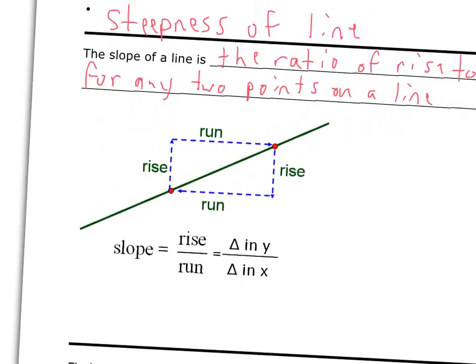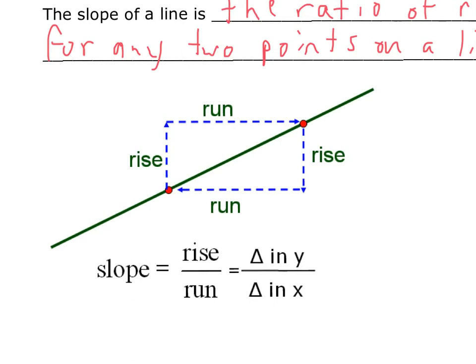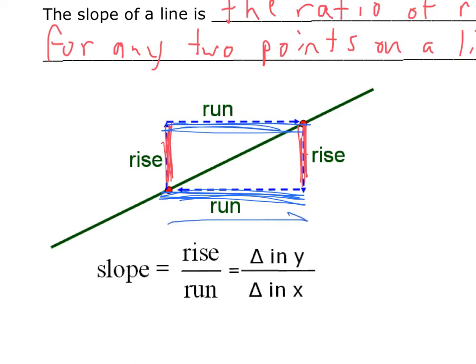Okay, so if you're looking at this, your rise from one point to the next is always going to be in the y direction, and your run is always going to be in your x direction. Okay, and it doesn't matter how you get from one point to the next. You can either go right, then up, or you can go left, then down.